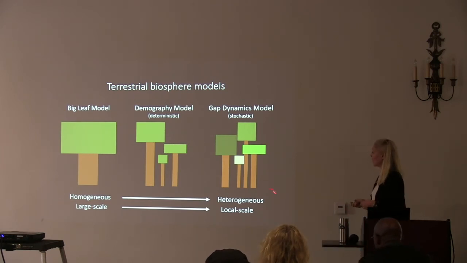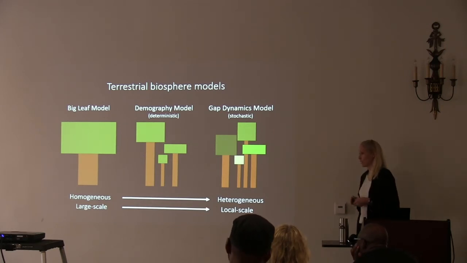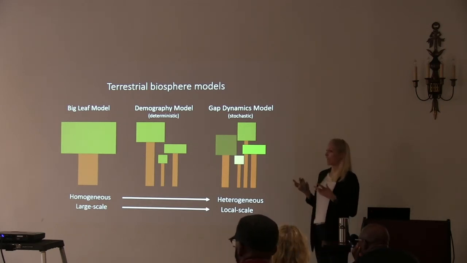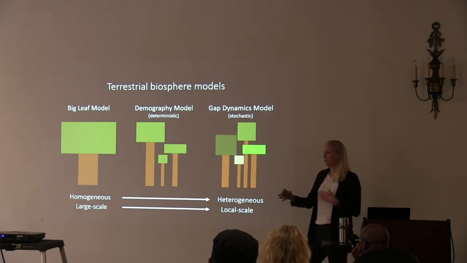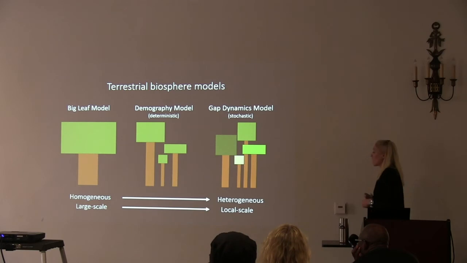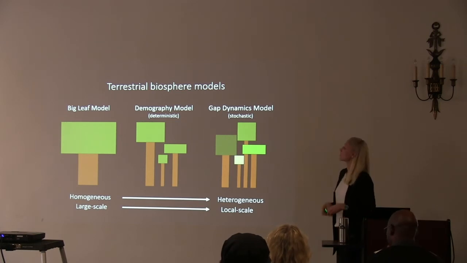On the other side are these gap dynamics models, which are incredibly heterogeneous in terms of how they characterize both the vertical and the horizontal heterogeneity of these ecosystems. For that reason, they're computationally incredibly expensive, and so they're often run at very local scales.